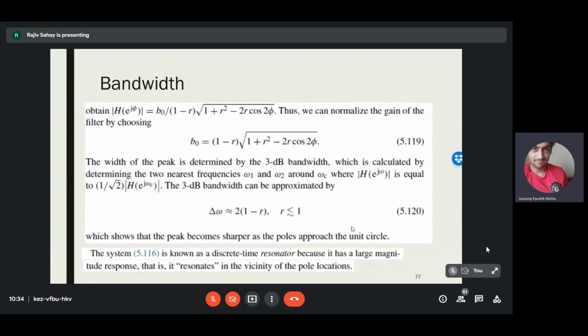So this particular filter is called a resonator because it has a very large magnitude response around the vicinity of the pole locations. We have seen for the example, when phi was equal to pi by 3, the peak of the resonator occurs around pi by 3.